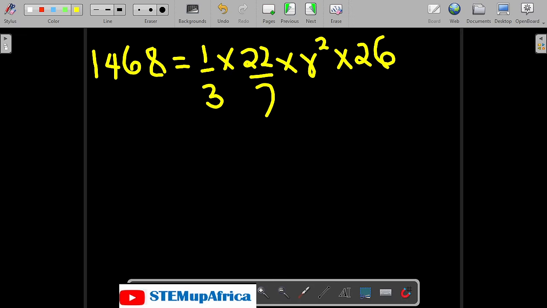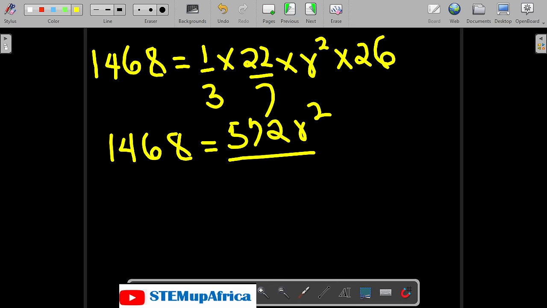So I'm having 1468 equals, if I multiply the entire numerator, 1 times 22, 22 times r squared, 22 r squared times 26, that will give us 572 r squared over 21, which is 7 times 3.